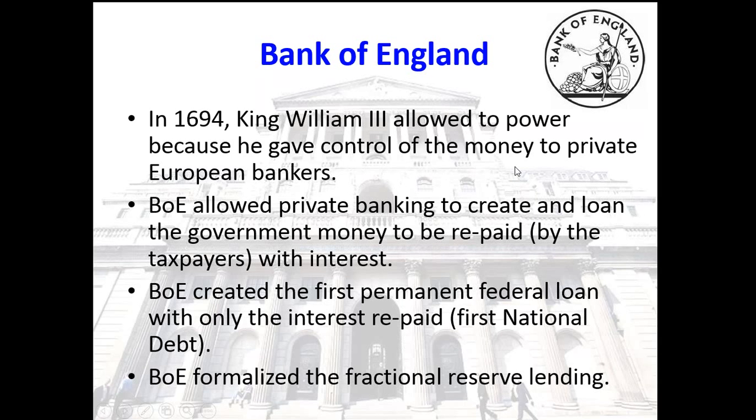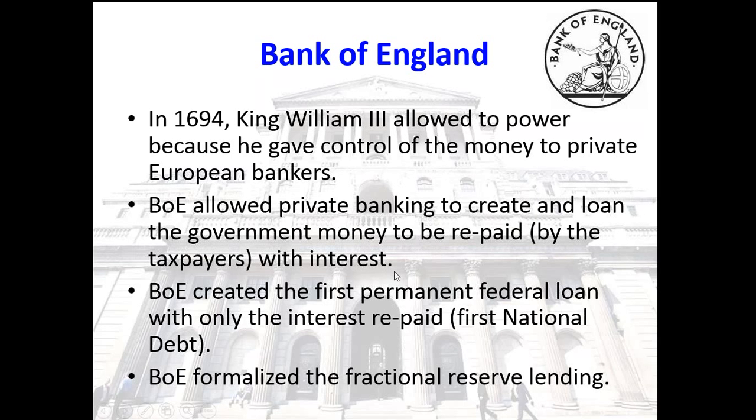He was in debt from wars with Europe. He gave control of the money to the private European bankers. So the Bank of England allowed private banking to create money and loan it to the government to be repaid by the taxpayers with interest.